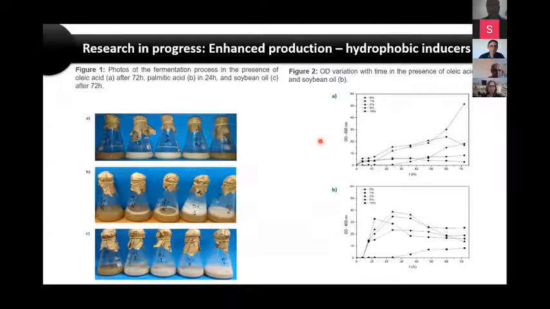But more than the microbial growth and the production yield, we are interested in correlating the inducer with the chemical structure, since the amino acid sequences can be different and related to these molecules.